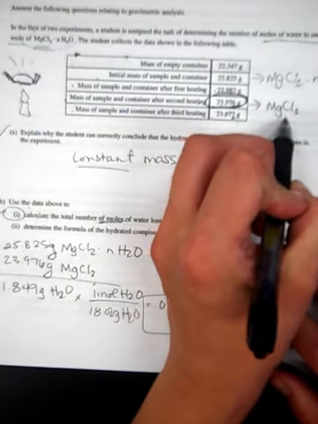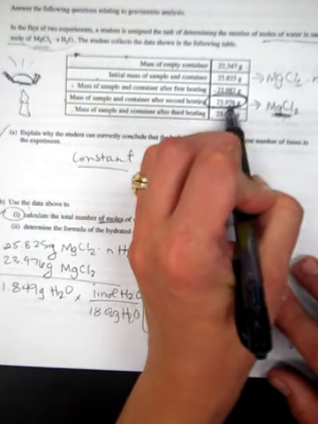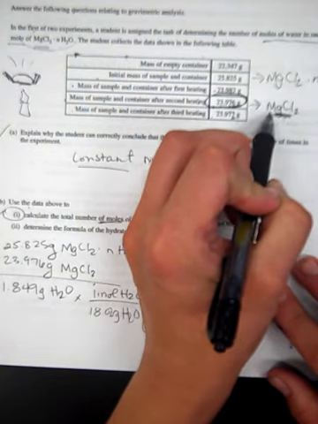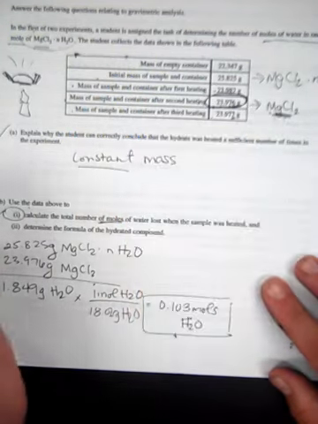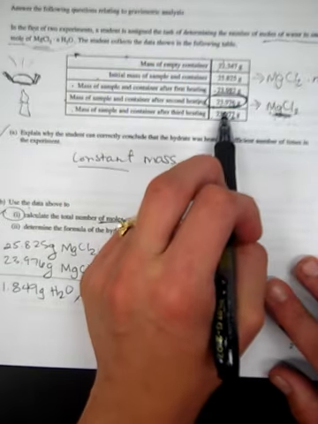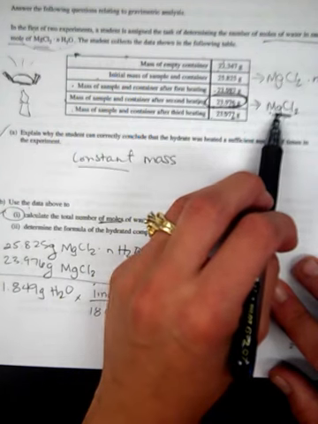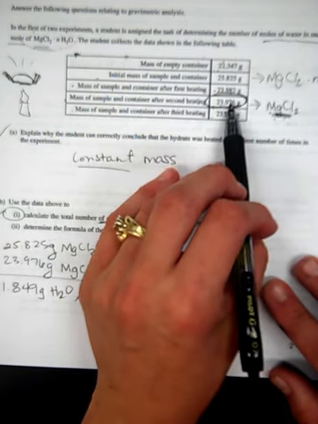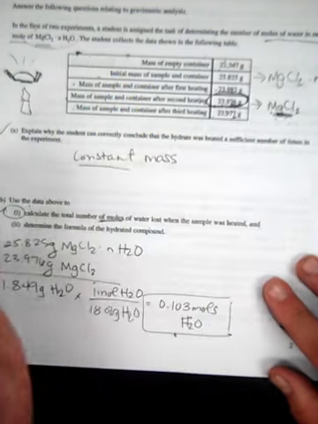Over here, this guy is just the container with your magnesium chloride that's without water. If we take the mass of the original container and subtract it by the mass of just your ionic compound, magnesium chloride, from the container, we'll figure out how many grams of magnesium chloride we have.